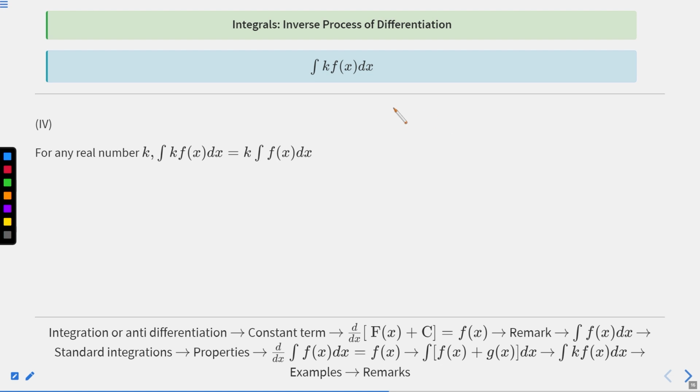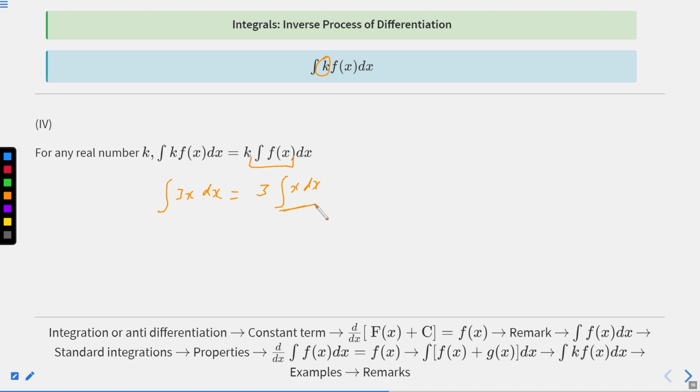Now if k is any constant, then the integration of k multiplied by f(x) dx will be, k can be taken out. As you can see, k can be easily taken out, so k multiplies the integration of this. As we just saw, if you are given 3 multiplied by x dx, then its integration can be easily found. You can take the constant term out.